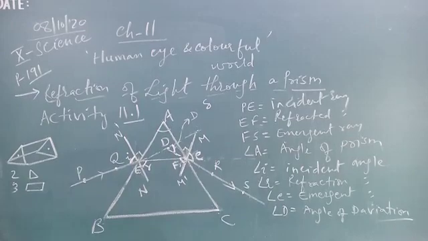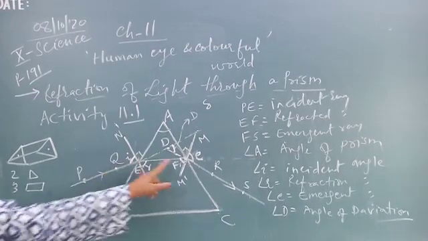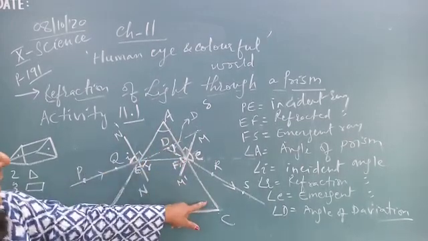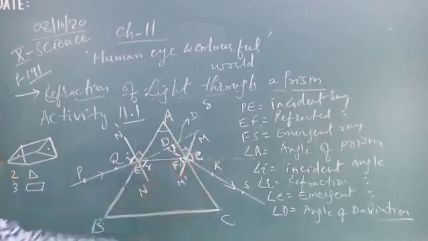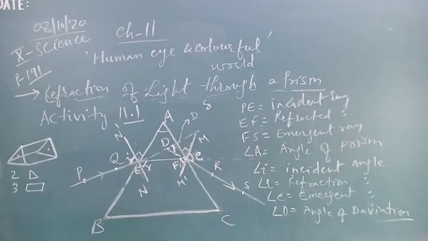Then along EF it hits the other refracting surface AC, again undergoes refraction, and bends away from the normal.